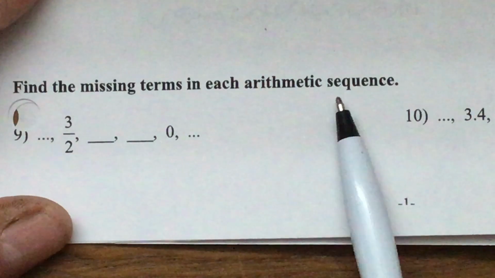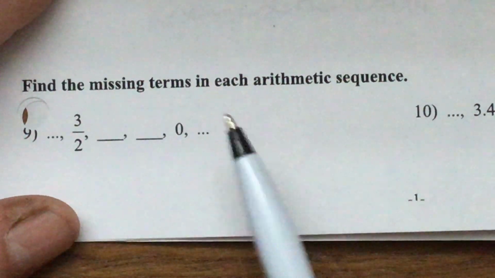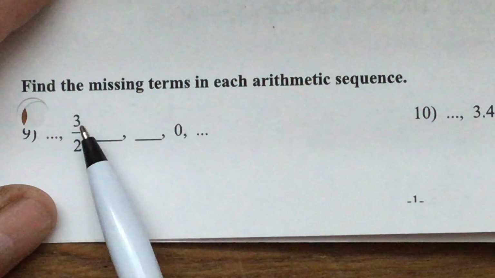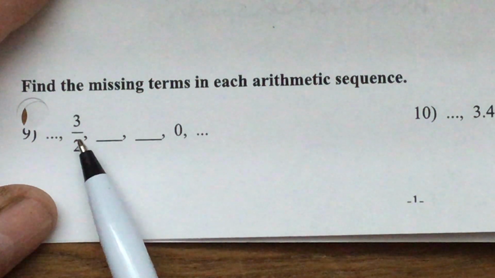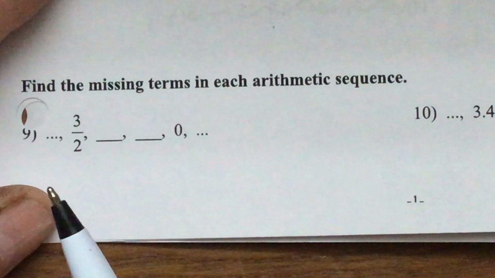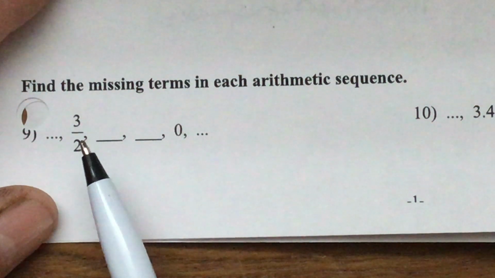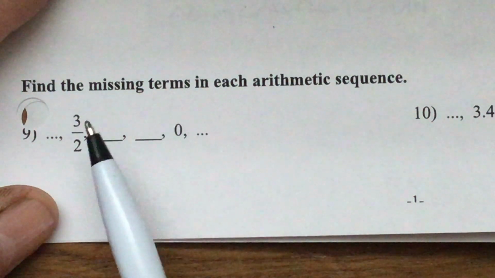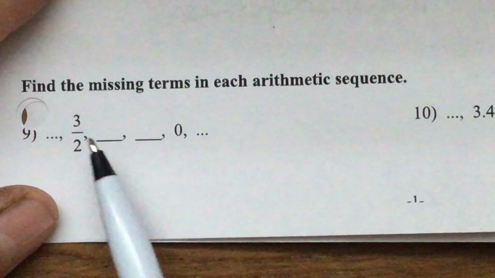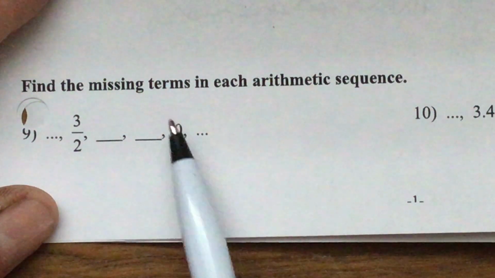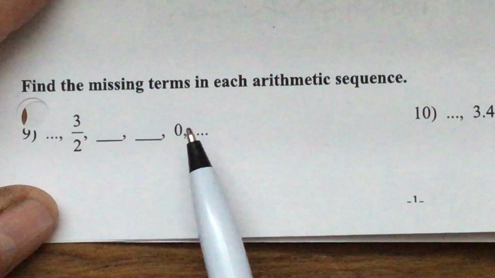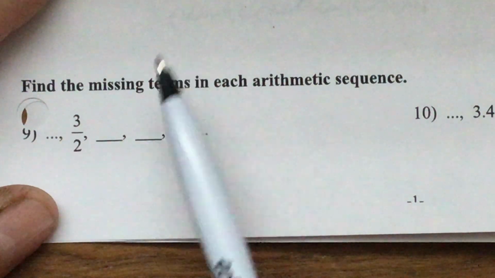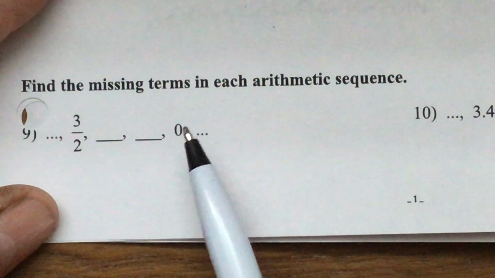Find the missing terms in each arithmetic sequence. You're going from 3/2 or 1.5 down to 0. What is the distance between these? It's a distance of 1.5.